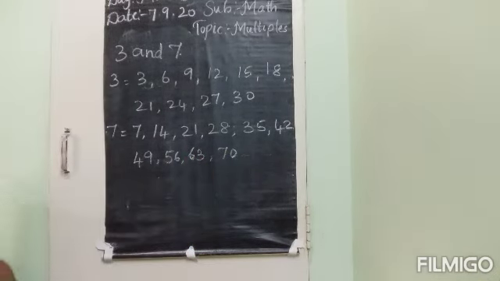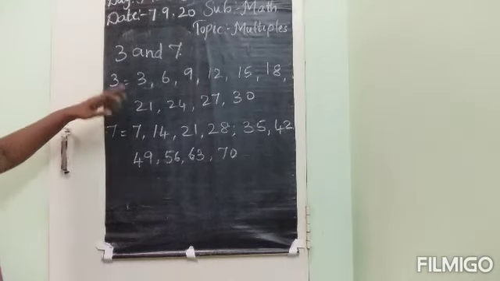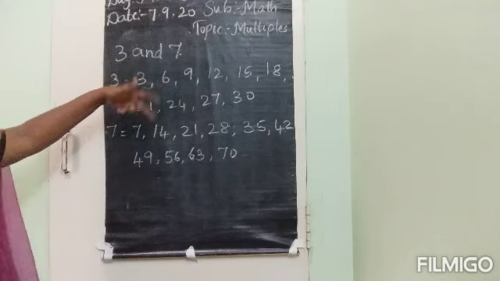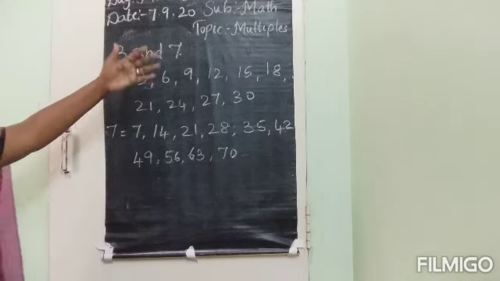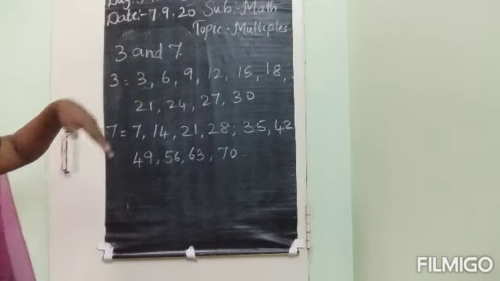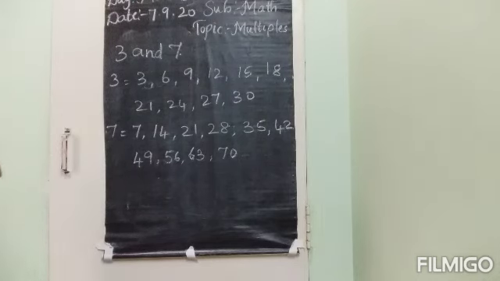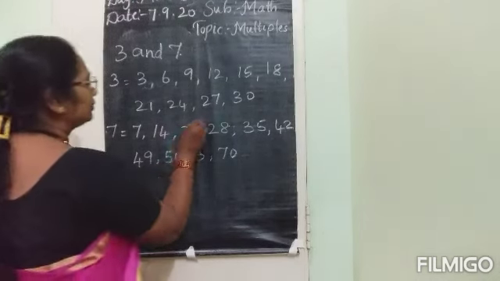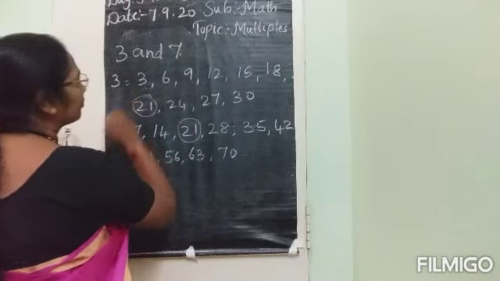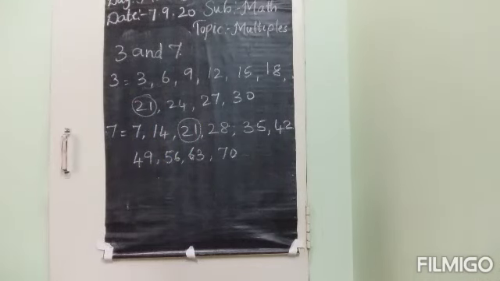Now we have to see which numbers are common. Is 3 there in both? Is 6 there? 9, 12, 15, 18, 21. Yes, 21 is there. 24? No. 27? No. 30?